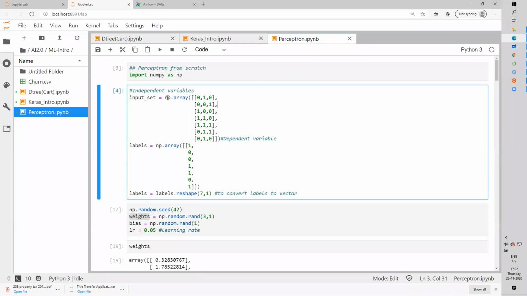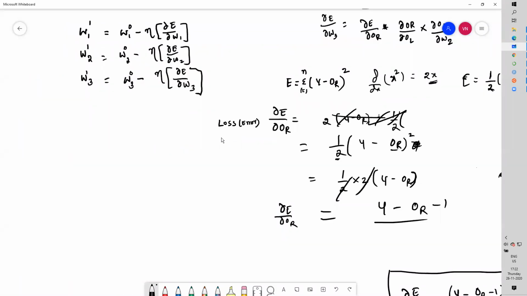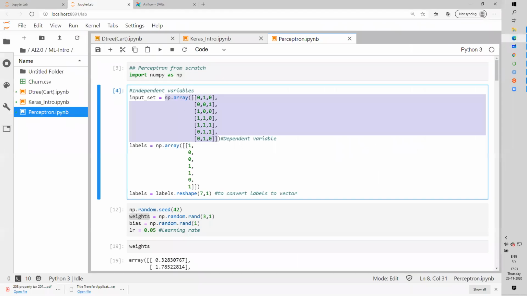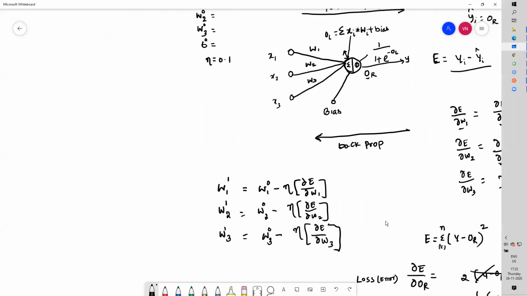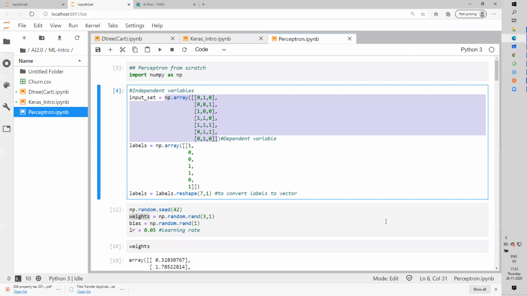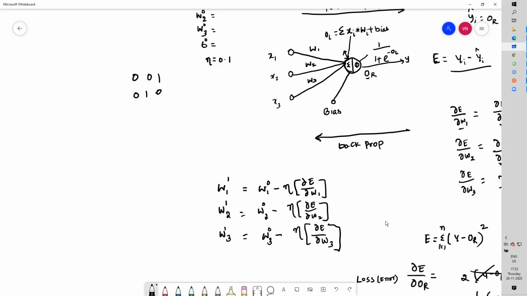So this is my input array. These are the inputs that we are creating. Let's write it. What are the inputs that we are actually passing here? For example, the first input that we are passing to the neural network is, let's say, 0, 0, 1. And the remaining: 0, 1, 0. The third one is, let's say, 1, 0, 0.